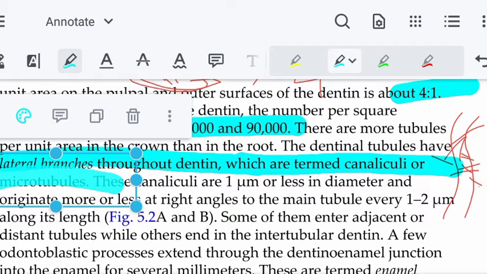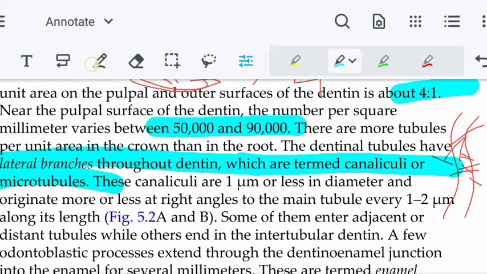See, here I've shown you the lateral branches, LB, lateral branches. These lateral branches are called canaliculi or microtubules. These come out from the dentinal tubules. Okay, these canaliculi are 1 micrometer or less in diameter and originate more or less at right angles to the main tubule, every 1 to 2 micrometers along its length.